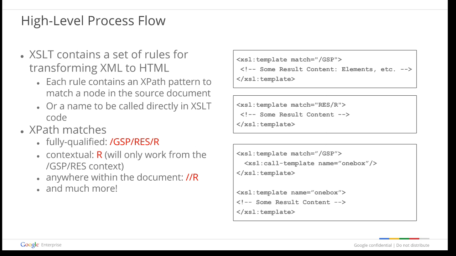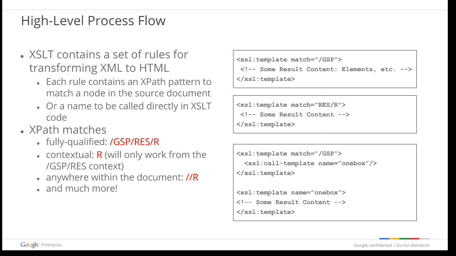Templates can either be invoked by name or can match XML node sets returned using XPath expressions. For example, your XML document will contain one element named R for each search result. To process them all the same way, you will have a template that matches R. This template will be invoked once for each search result.